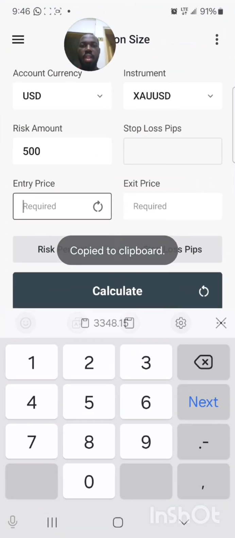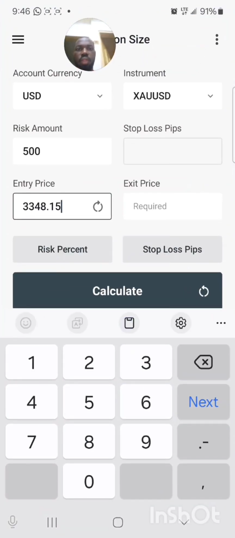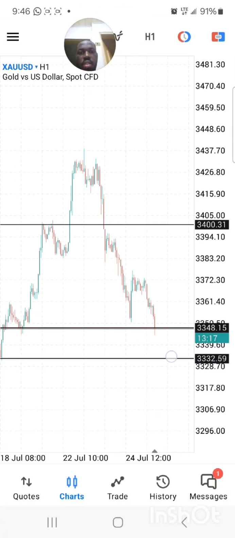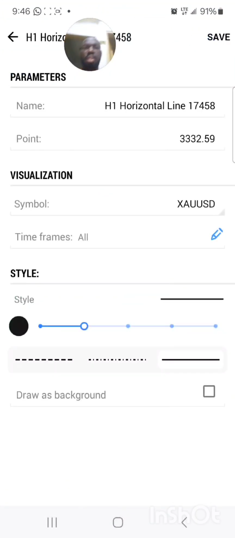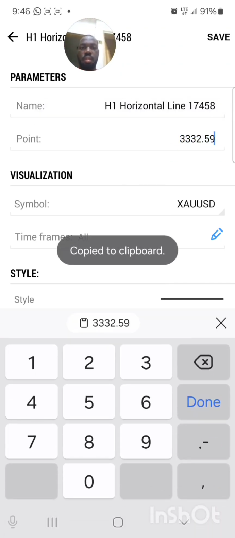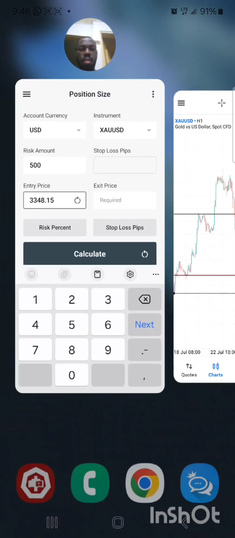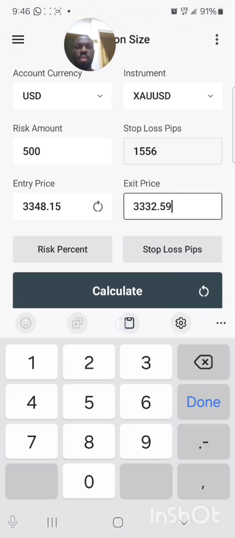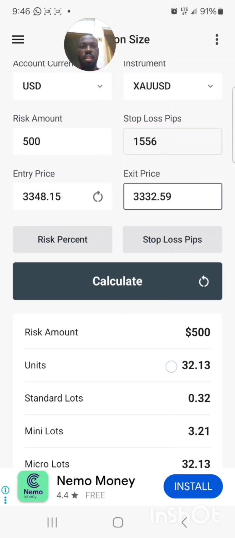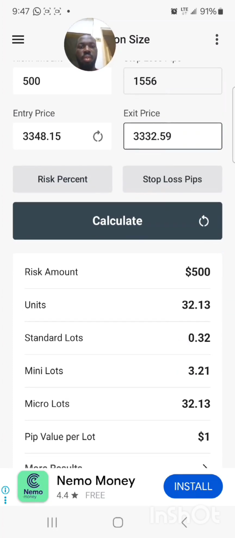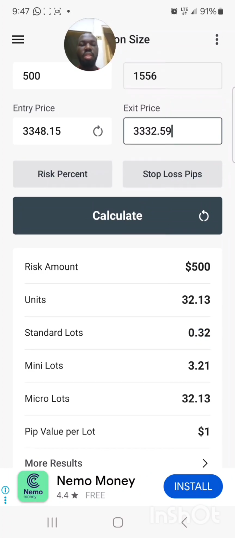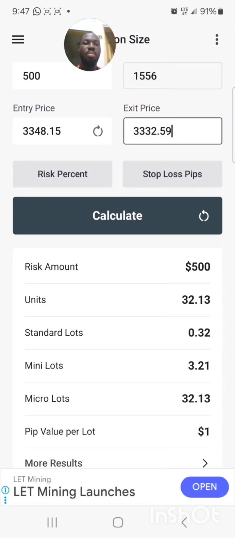Once you copy, we come here and put in the entry. Then the exit price will be this, in case of any eventualities, if the market goes against us. We copy, put the exit price down here, press calculate. So you see, we're risking $500, the unit is 32.17. The standard lot we're using is 0.32. So the lot size we're going to be using for this trade is 0.32.